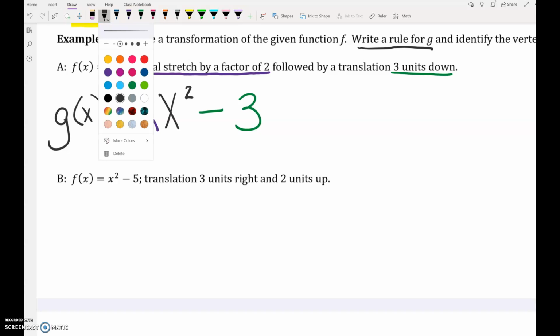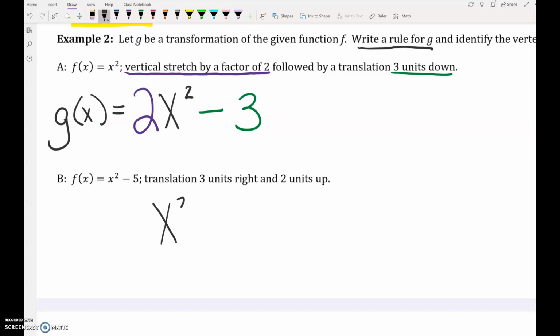Okay, B is similar, except we're not starting with just x squared. This time, we are starting with x squared minus 5. This graph is already 5 units down from the origin. Okay, first it says a translation 3 units right. Right and left has to happen inside a set of parentheses.